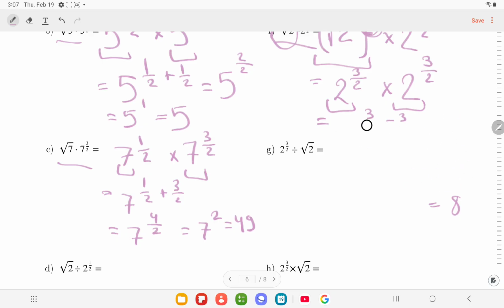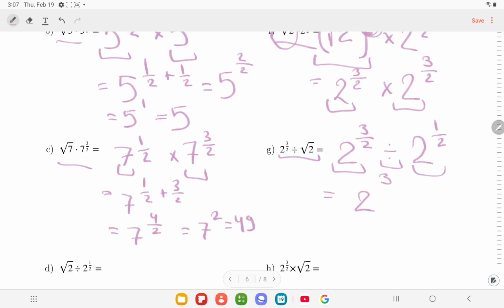And let's take a look at G over here. So we have 2 to the 3/2 divided by root 2. So that is 2 to the half because it is a square root. And when we are dividing two numbers that have exponents and the bases are the same, in this case the base is 2, we can subtract the exponents.